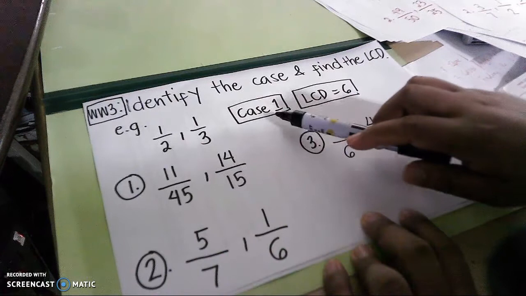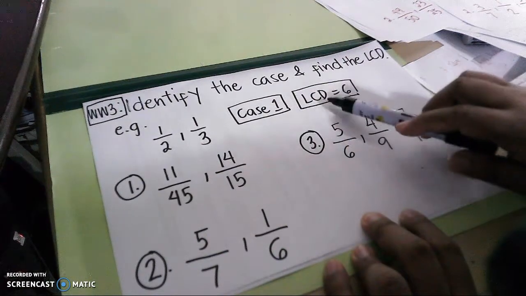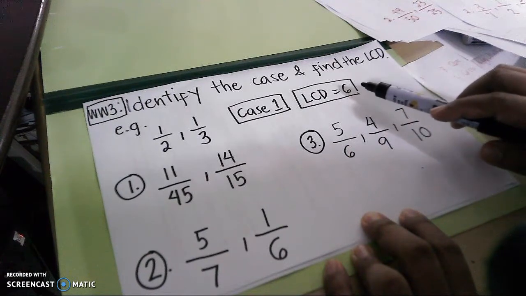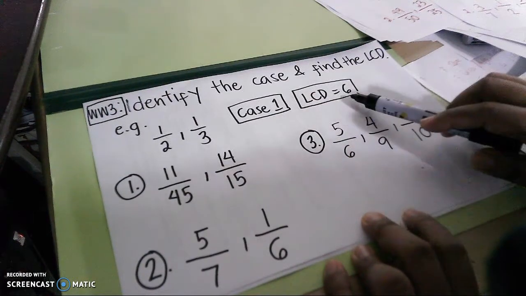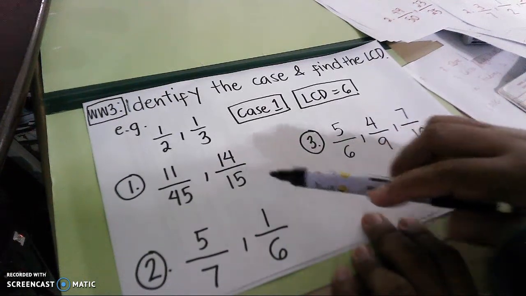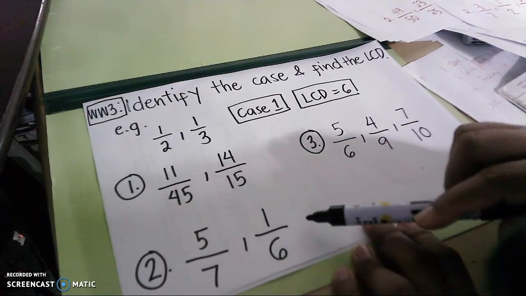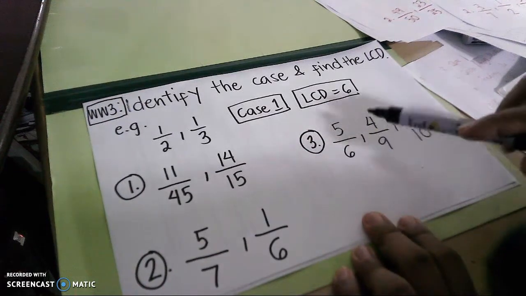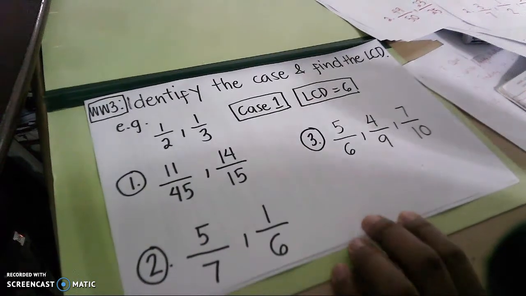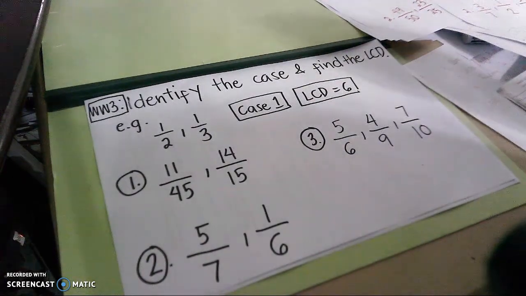The case here would be case 1, and the LCD would be equal to 6. It means you have to put 2 answers, the case and the LCD. Number 1, we have 11 over 45 and 14 over 15. Number 2, 5 over 7 and 1/6. Number 3, 5/6, 4/9, and 7 over 10. Okay? Good luck!